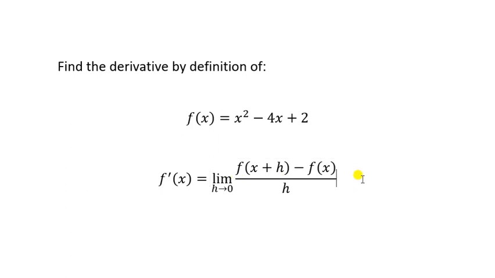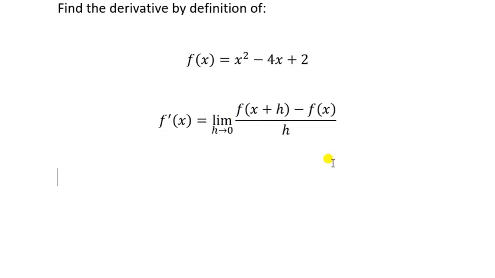So in this case, the idea is to find these two functions, f of x plus h and f of x. So let's start with f of x, which is the simplest one. F of x is directly the function they provided you with. So it will be x squared minus 4x plus 2.